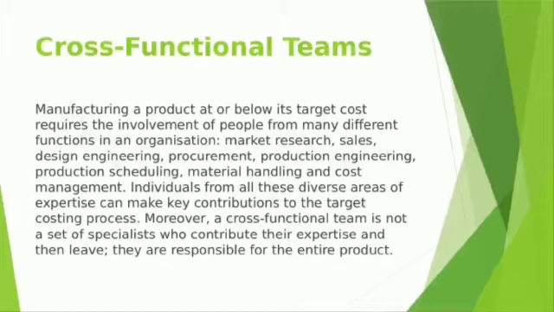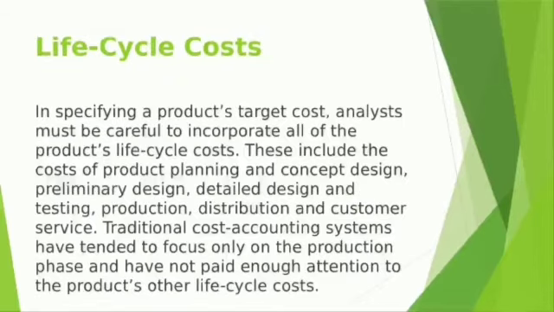Okay, next principle is cross-functional teams. What is a cross-functional team? You understand by this paragraph? Manufacturing a product at or below its target cost requires the involvement of people from many different functions in an organization, and the functions are market research, sales, design engineering, procurement, production engineering, production scheduling, material handling, and cost management. So that cross-functional teams is also a very important principle of target cost. Next principle is life cycle cost.